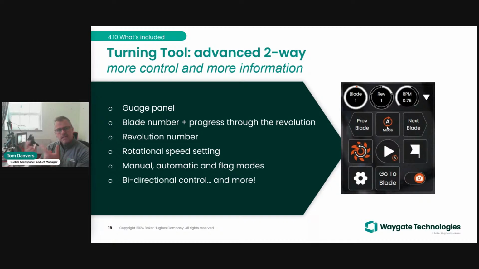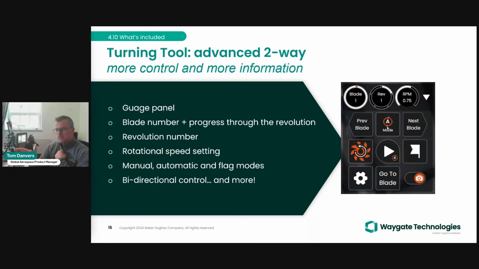Those buttons allow you to go to the next blade if you're in automatic mode, or if you're in manual mode, it will jog until you stop pressing the button. If you're in flag mode, you'll be able to go to the next flagged blade, or the previous flagged blade if you press the other button.